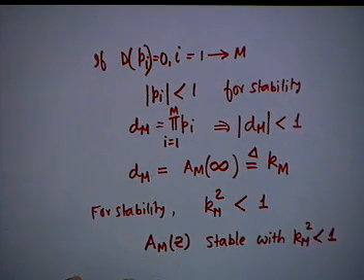All right. Let us suppose now we are entering into a proof, and therefore we shall introduce induction, all kinds of reasoning. Let us suppose that A_m(z) is stable with k_m squared less than 1.